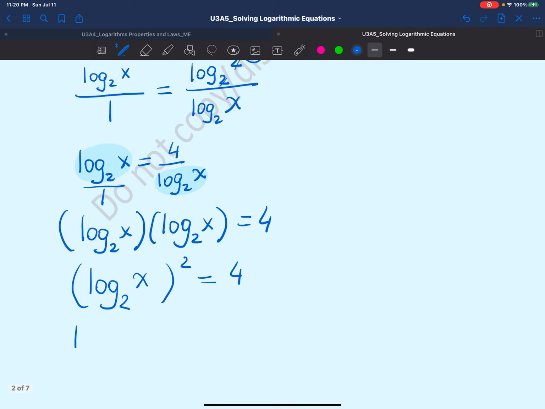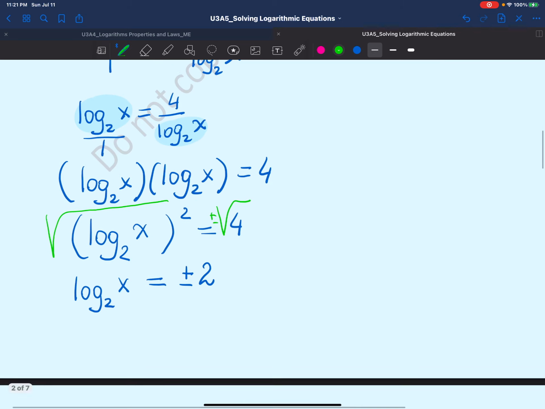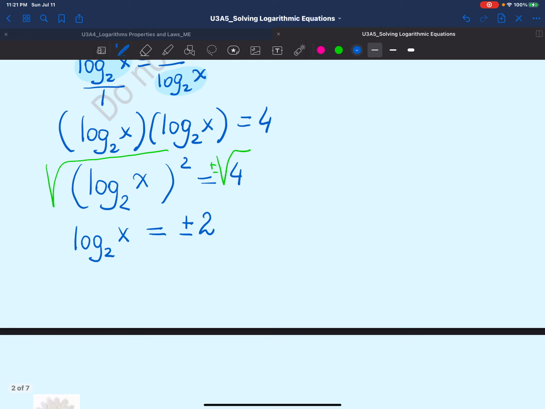Which means that to solve for log with base 2 of x, we need to take the root of 4, so plus or minus 2. So you square root both sides. And we're going to derive two solutions, or consider two solutions here.